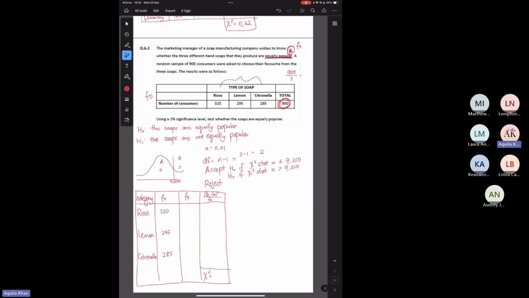So you just simply would take the 900 total and divide it by 3. So that tells you that FE is 300 for all of them. So whenever they say they are equally popular, all you have to do is take the total number of people that was surveyed and just divide it by the number of categories or options that you had. So this then would give you 300.